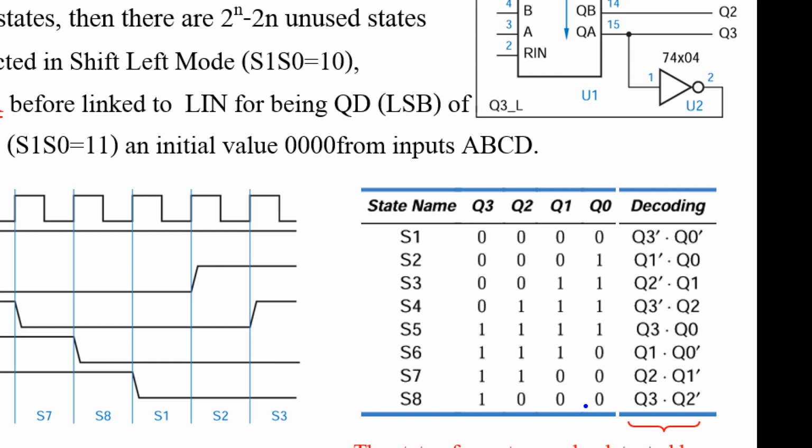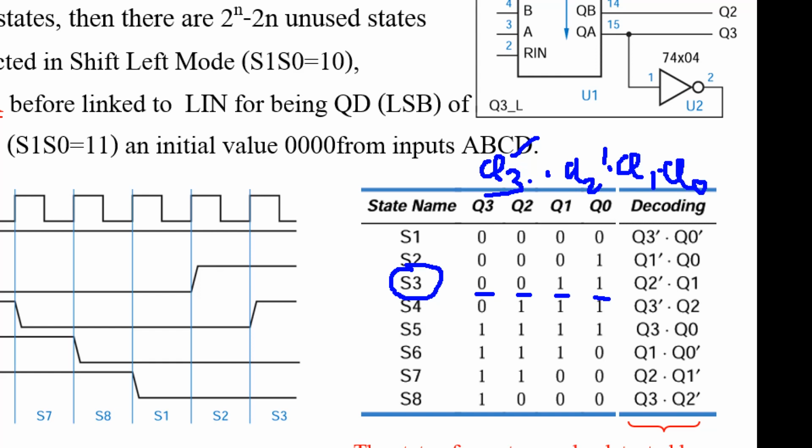Note for this one, if you want to check the state, for example whether the counter is in state S3 or not, you might check these bits 0, 0, 1, 1, right? So based on this, if you check all these 4 bits, you can check by Q3 prime and Q2 prime and Q1 and Q0.